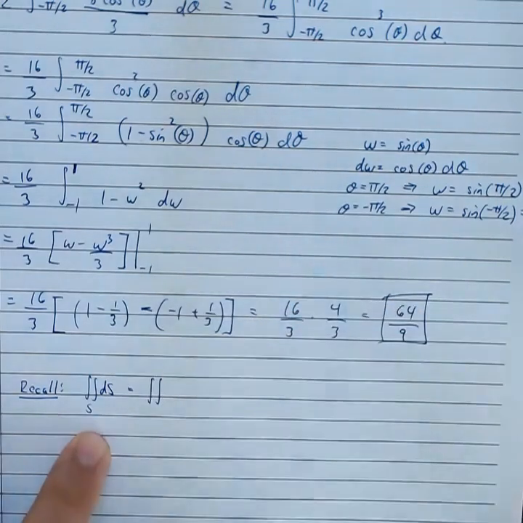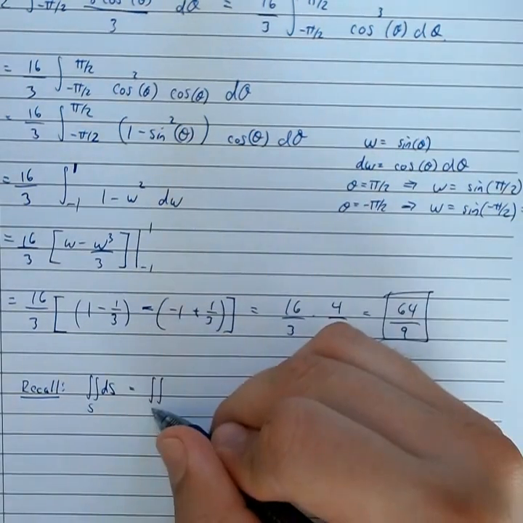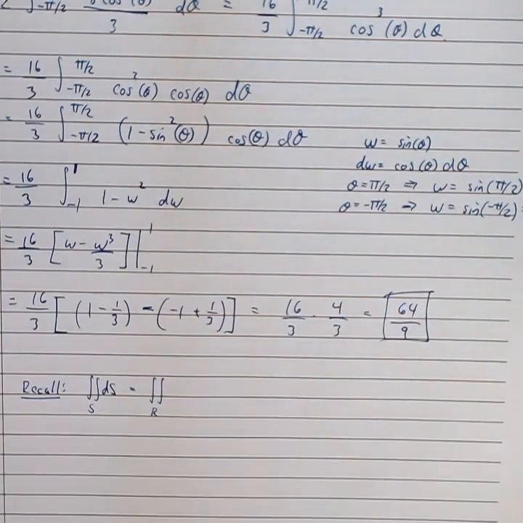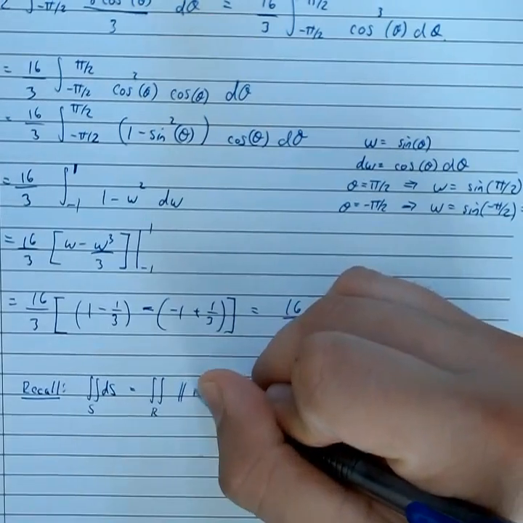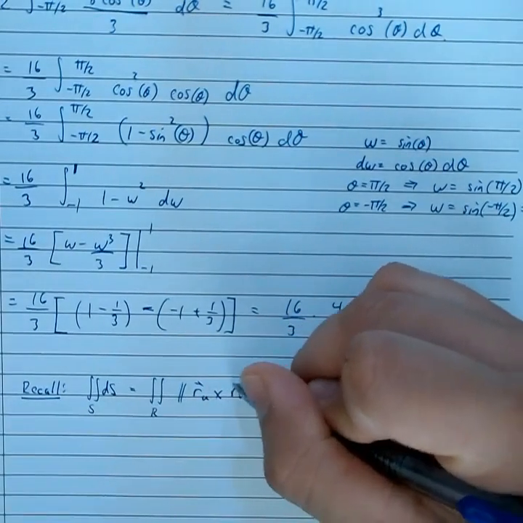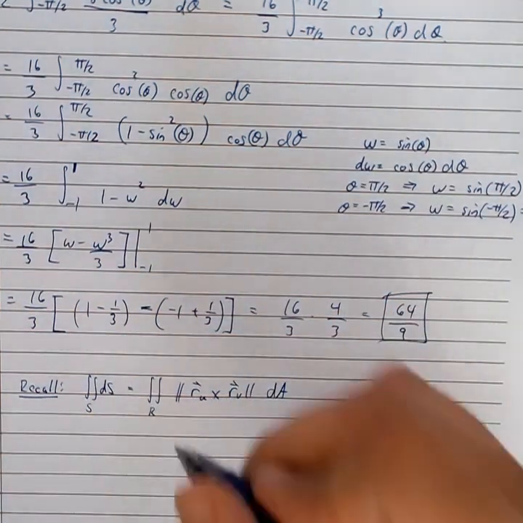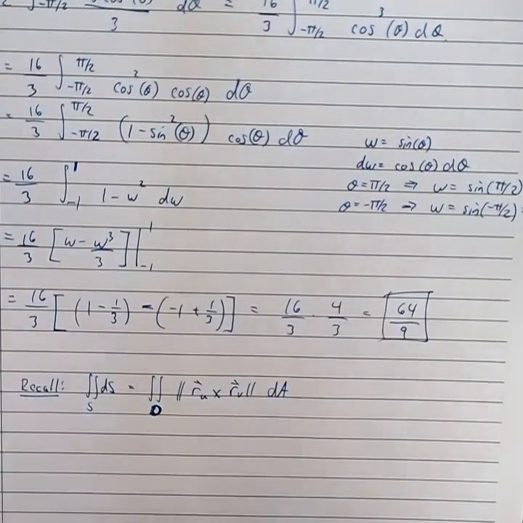When it's done with a parameterization, that's written as a double integral over a region R of the magnitude of R sub U cross R sub V dA. Actually, I believe we call this D for domain, not that it really matters.